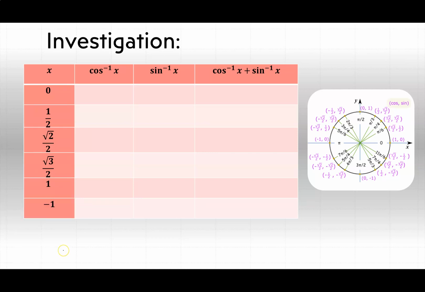So then suppose x is 0. We're looking at what is inverse cosine of 0? So that means when is cosine 0? Which angle has cosine of 0? You would be right here, right? Pi over 2. So inverse cosine of 0 is pi over 2.